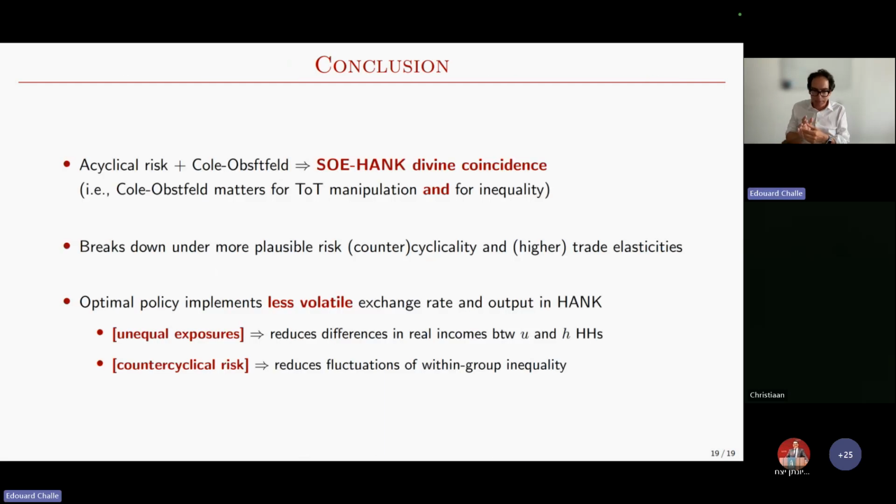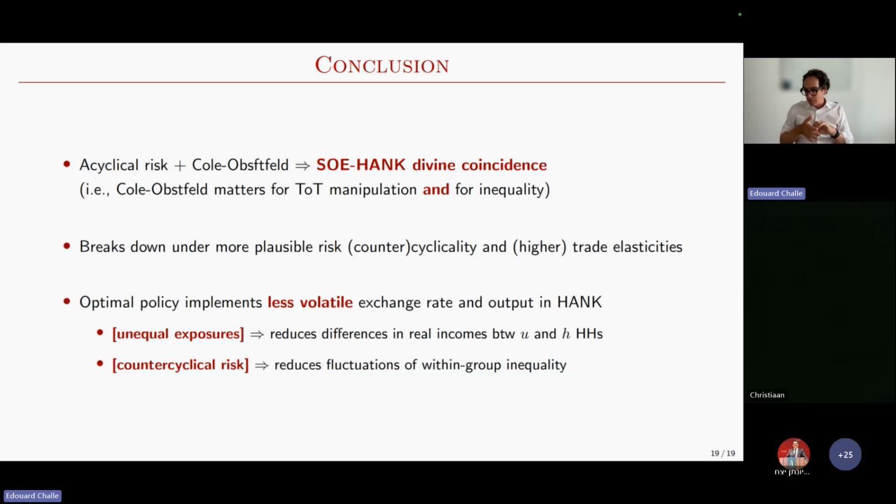Okay. So just to wrap up, I first showed you a benchmark scenario, which essentially shows you the conditions under which the divine coincidence generalizes to the HANK model. Whether we are in a closed or an open economy, it doesn't matter. It's a set of conditions that make this inward-looking policy optimal.